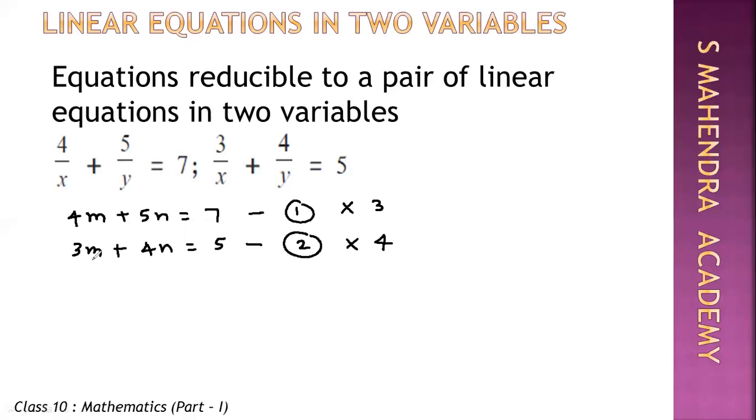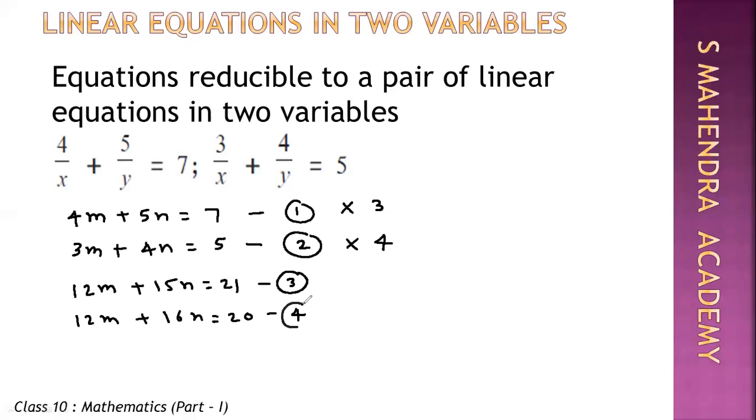So the equations will be reduced to 12m plus 15n is equal to 21. This new equation we will designate as equation number 3, and equation number 4 will be 12m plus 16n is equal to 20.